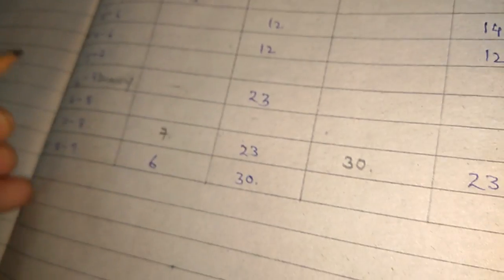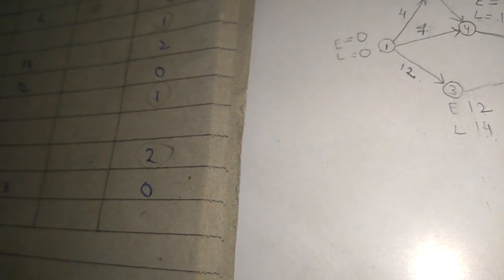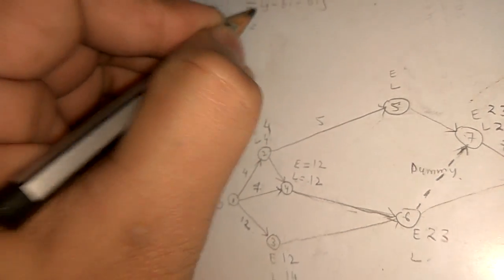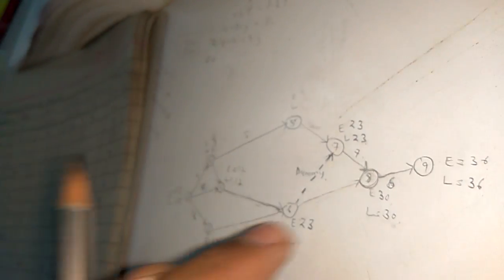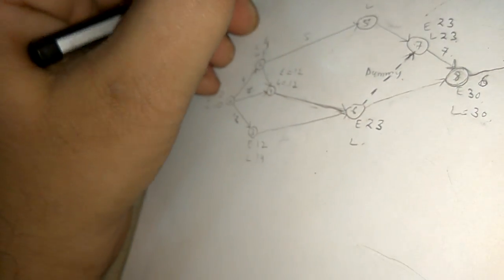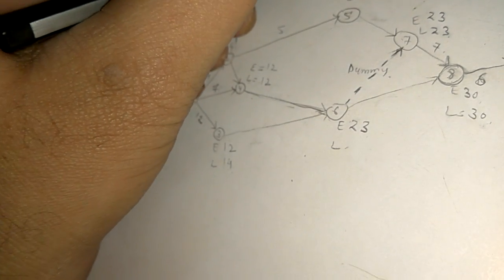Now we will find the duration between activity 6 to 8. Between activity 6 to 8, total float is 2. So we will put this value in a formula. Total float 2 equals Lj between 6 to 8, Lj is 30, minus Ei, 23, minus Dij, which is missing.